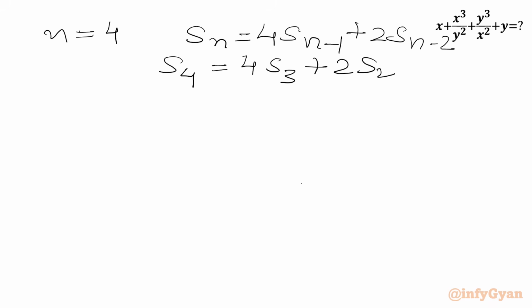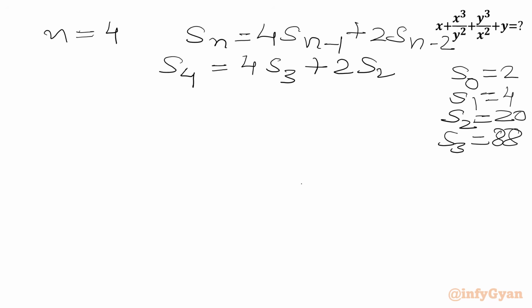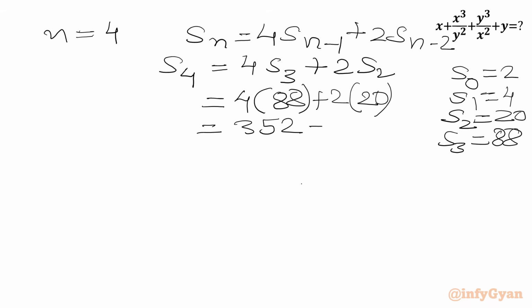Let me write here S0 is 2, S1 is 4, S2 is 20, S3 is 88, and we have to calculate S4. We will write here 4 times 88 plus 2 times S2, which is 20. 4 times 88 is 352 plus 40. 352 plus 40 is 392. Now we have S4 also.